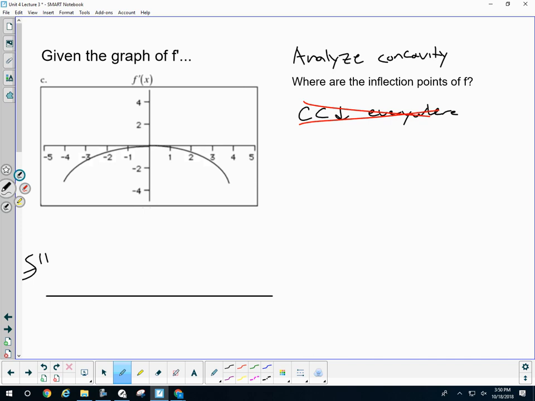Now, let's think about this. We all can do this. This is f prime right here. I want to know the signs of f double prime. Are they positive? Are they negative? Are they zero? What's going on? What do you have to look at on the graph of f prime to figure out the signs of f double prime? Discuss.